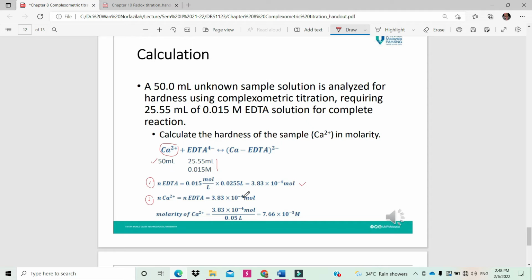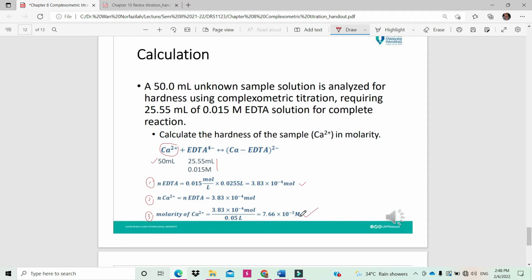And from this number of mole, we can calculate the molarity. Since we know the volume of the calcium ion, 50 ml, we can straight away divide the number of mole by the volume of calcium ion. Then we get the molarity of calcium ion. Okay, so we call this the hardness in molarity.